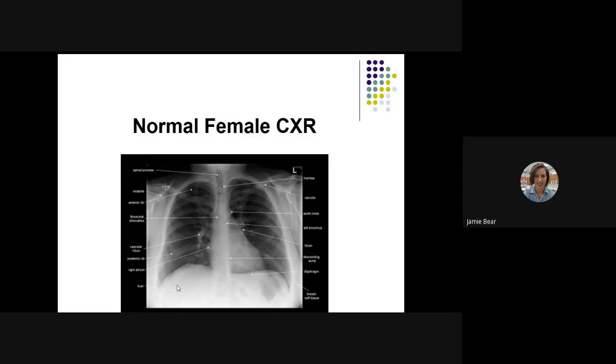So if you're looking at the diameter of the chest, the heart cannot be more than 50%. So this heart actually does not look big, believe it or not. I can show you guys some with CHF, cardiomegaly, and they're huge.